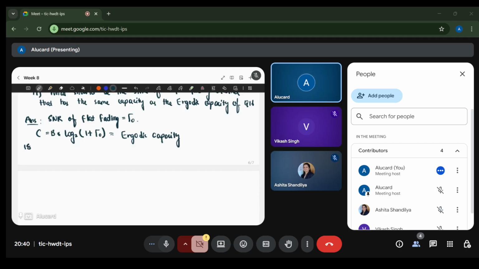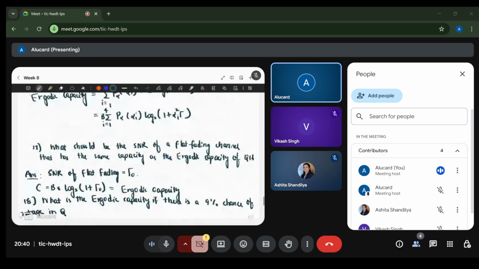Then question 18, what is the ergodic capacity if there is a 9% chance of outage in question 16?